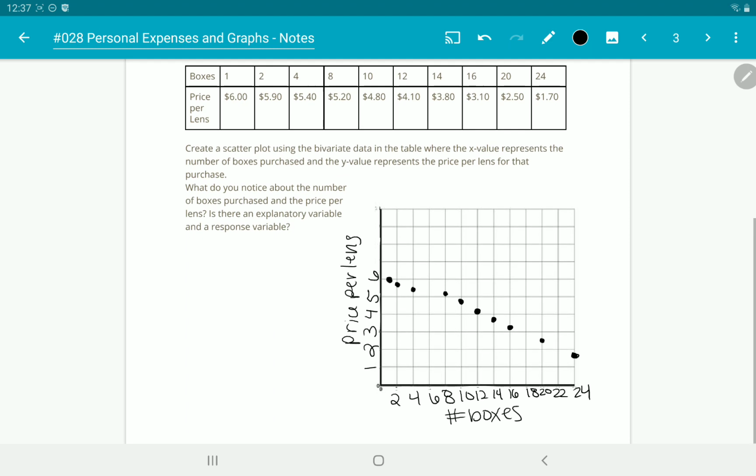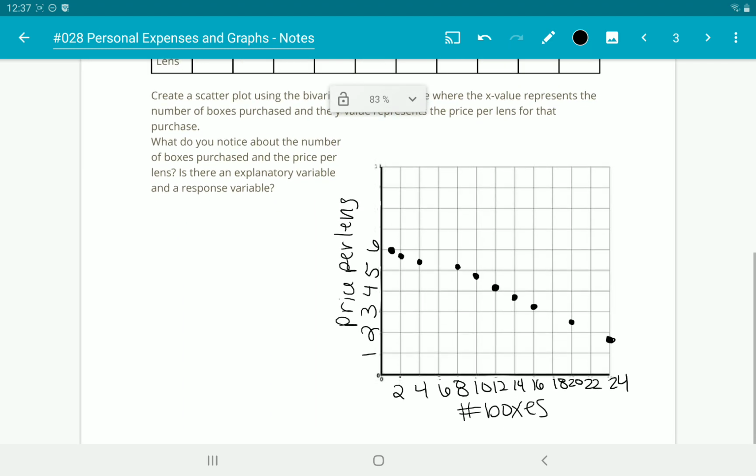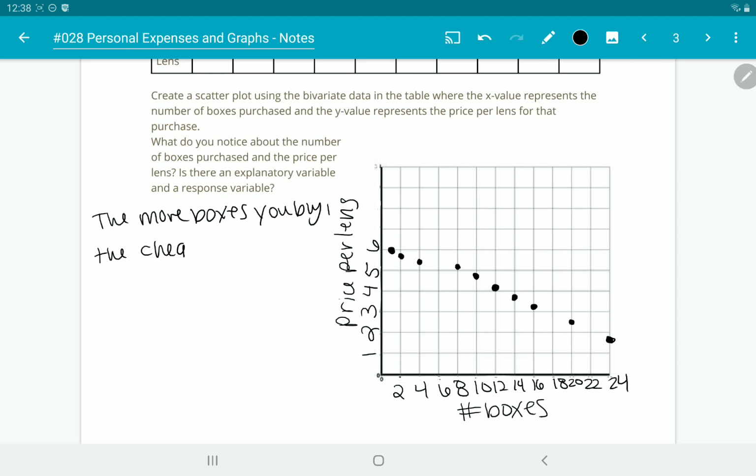Okay. So now it says, what do you notice about the number of boxes purchased and the price per lens? So the more boxes you buy, as the number of boxes goes up, the price goes down, so the cheaper the lenses.